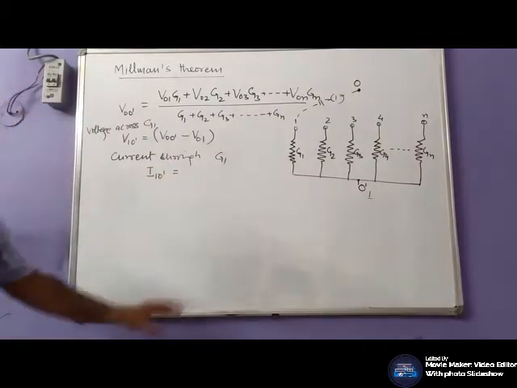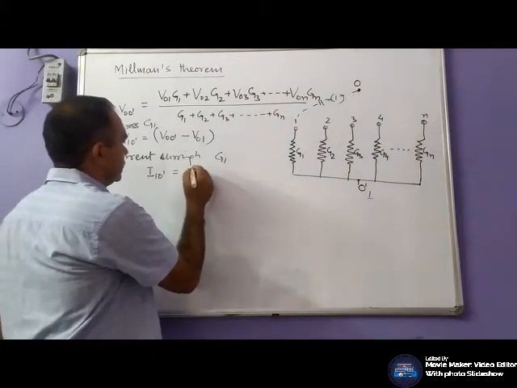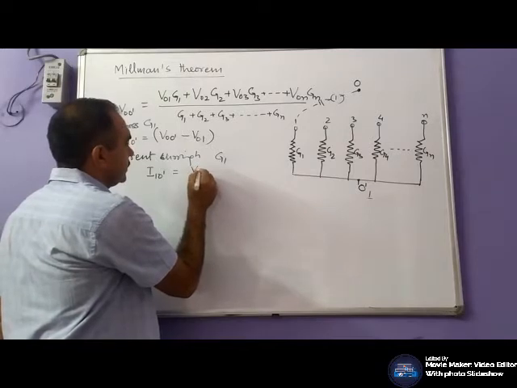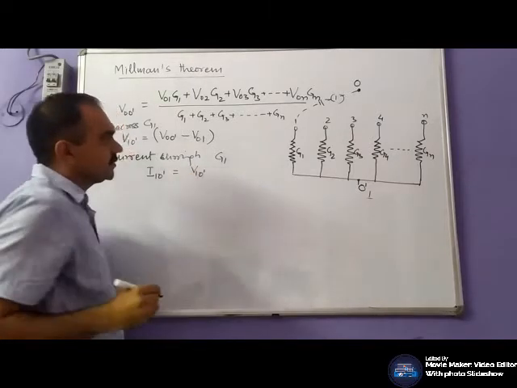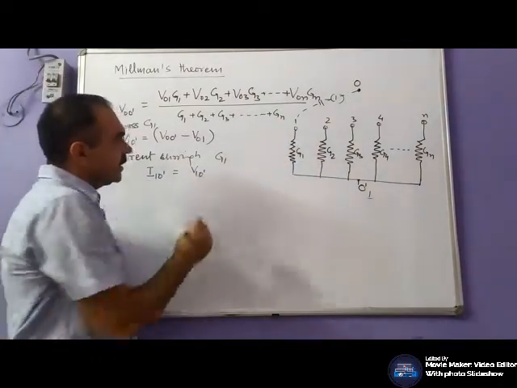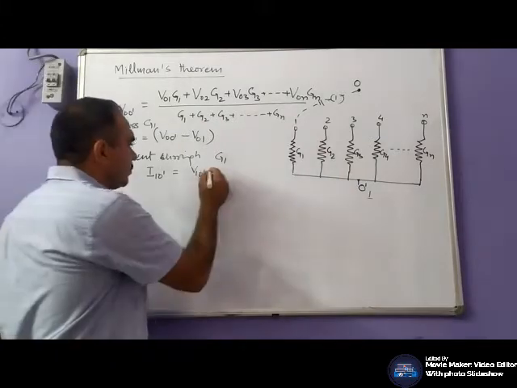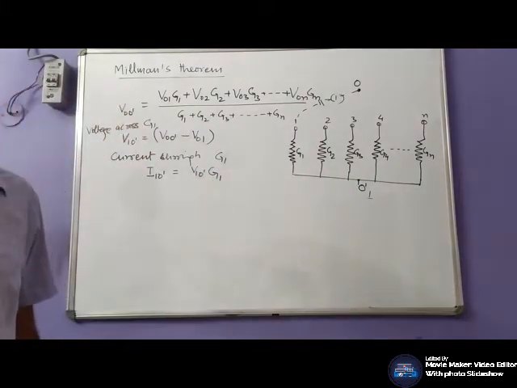That will be equal to what is the voltage, V10 dash, divided by what is the resistance, or multiplied by what is the conductance G1.